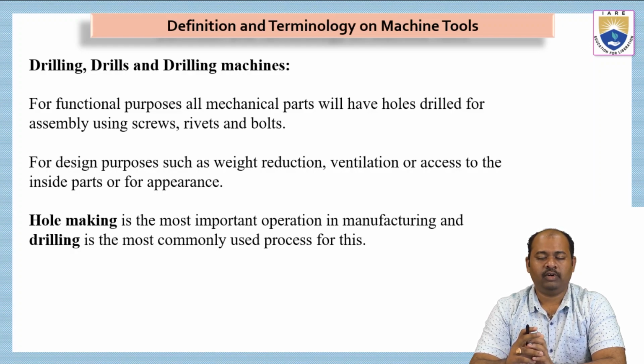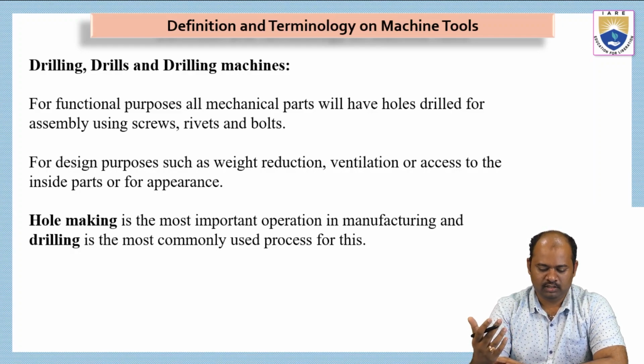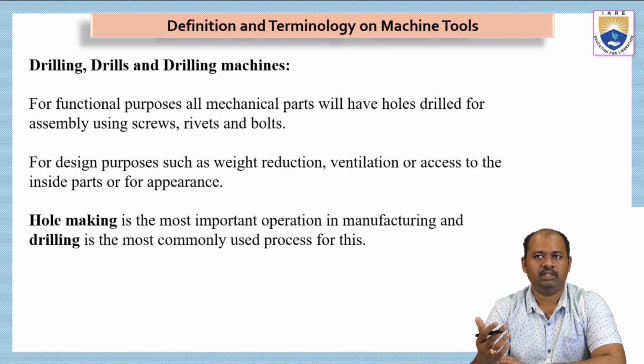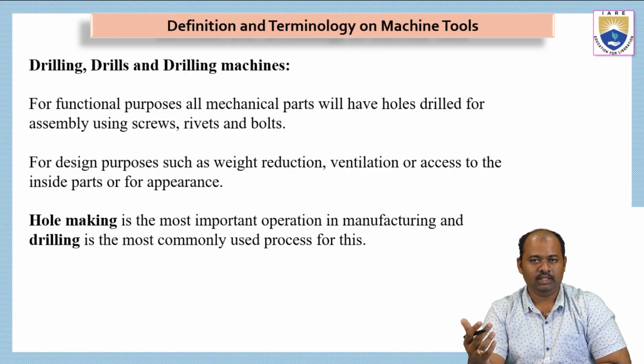From this we can understand that drilling is a process which makes holes in workpieces. Hole making is one of the most important operations in manufacturing, and drilling is the commonly used process for this. So drill bits and drilling machines are the terminology related to any drilling operation.